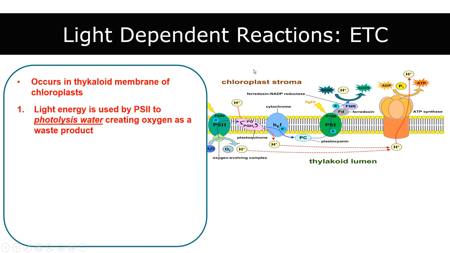In the light-dependent reactions of photosynthesis, I still need electrons to drive this process. I still need to create a proton gradient to drive this process. Only now I'm taking both my protons right here and my electrons that I'm going to need to do this reduction reaction from water itself.